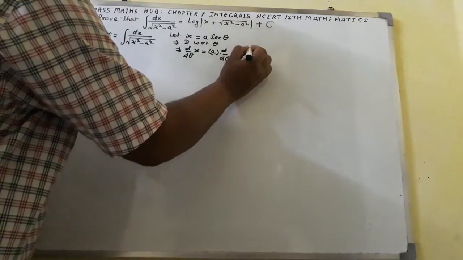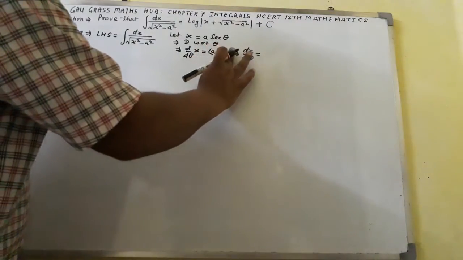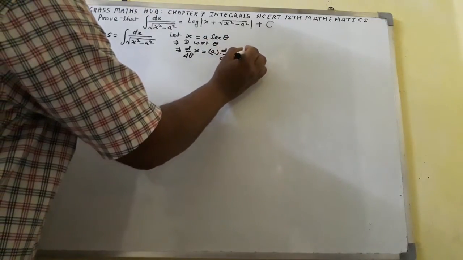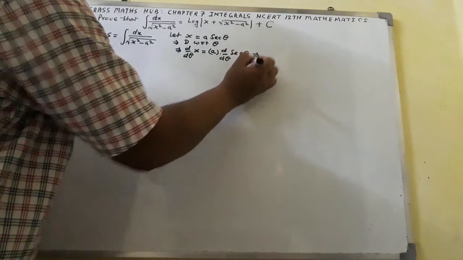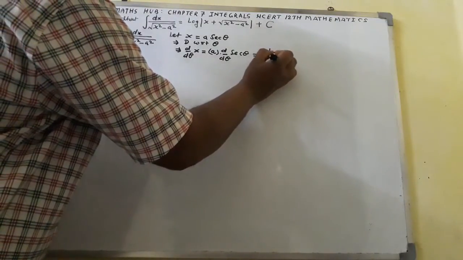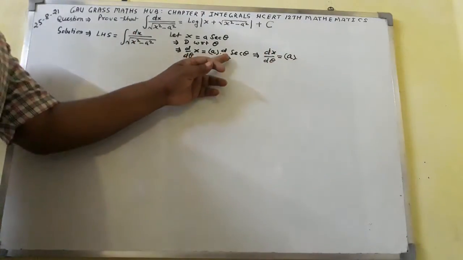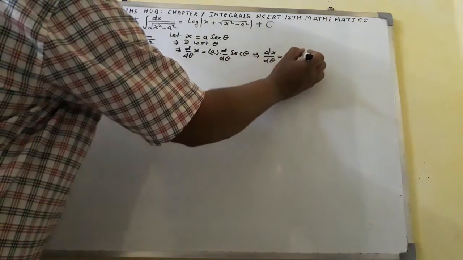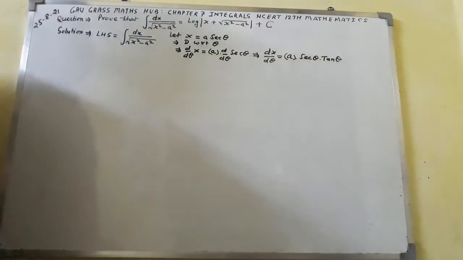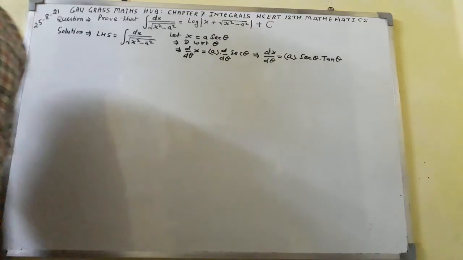So dx over d theta equal to a times d over d theta of sec theta, which comes out to be sec theta tan theta.